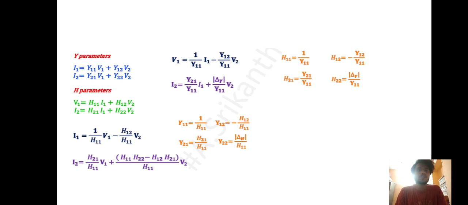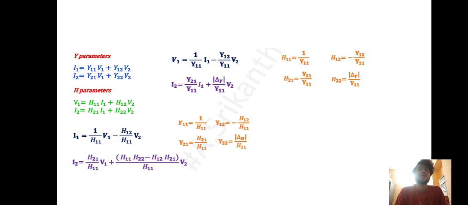Y parameters: I1 equals Y11 of V1 plus Y12 of V2. I2 equals Y21 of V1 plus Y22 of V2. V1 equals 1 by Y11 into I1 minus Y12 by Y11 into V2.